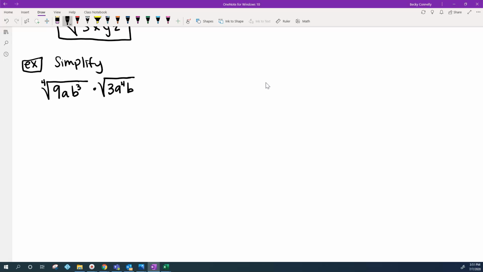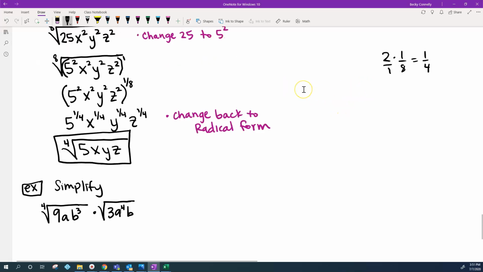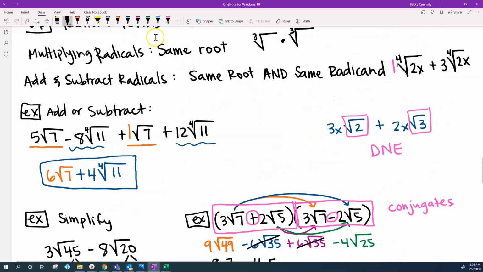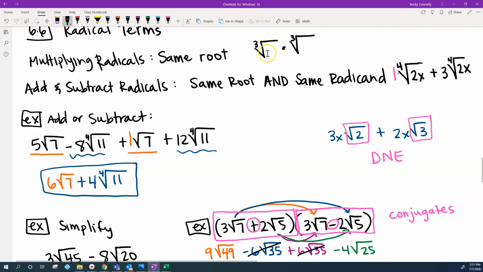Okay, now I just got done saying that in order to multiply radicals, they have to have the same root, the same index.